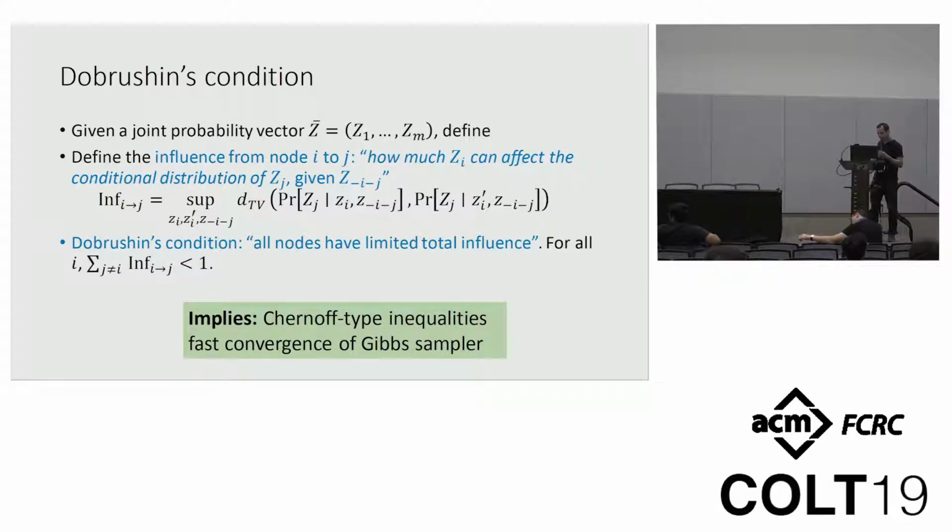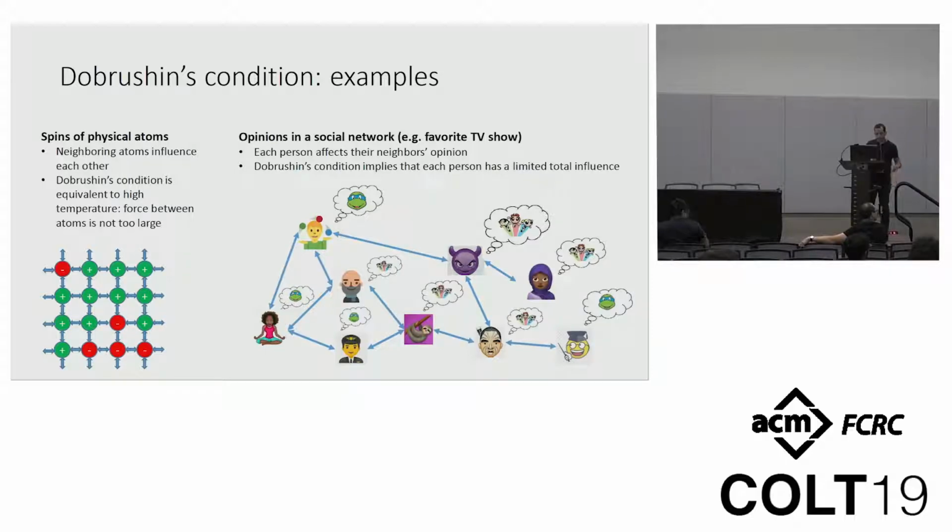And if the Dobrushin's condition holds, then many IID-like properties hold, such as Chernoff-type inequalities and more. Here are some examples of models satisfying the Dobrushin's condition. The first one is actually taken from physics; that's the motivation for defining this model. You have atoms on some lattice, and each atom can have a spin.